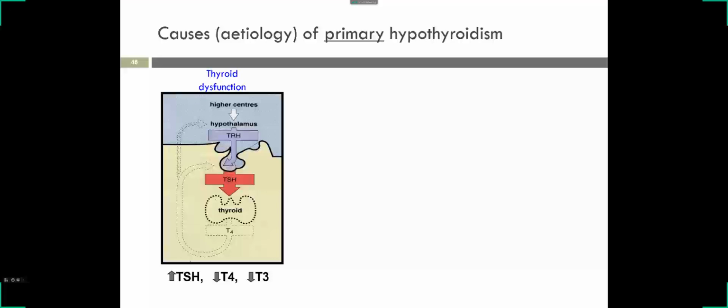It is not due to excess production. So you start to get destruction, T4 and T3 are reduced. The hypothalamus and pituitary respond by driving more production of TSH. We have more production of TSH and decreased T4 and T3.